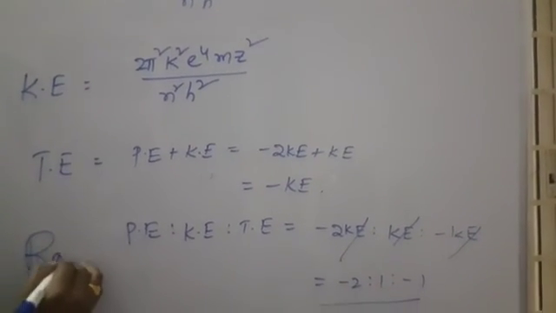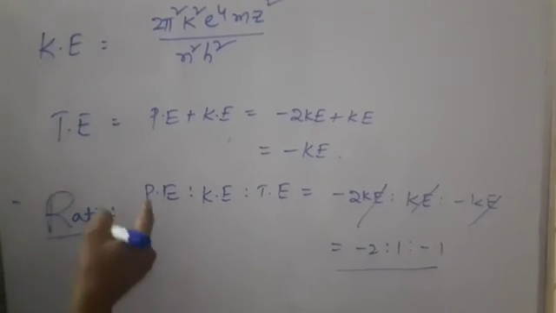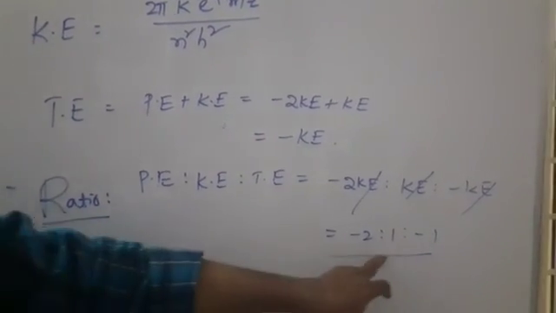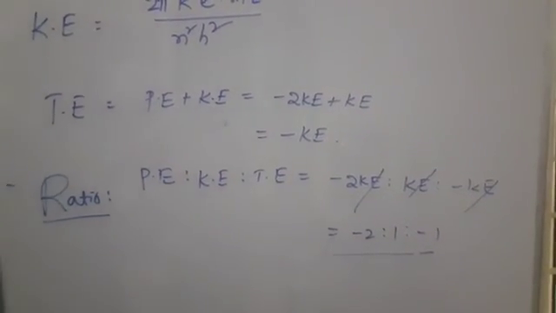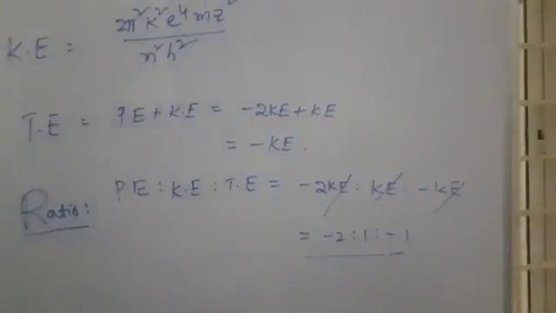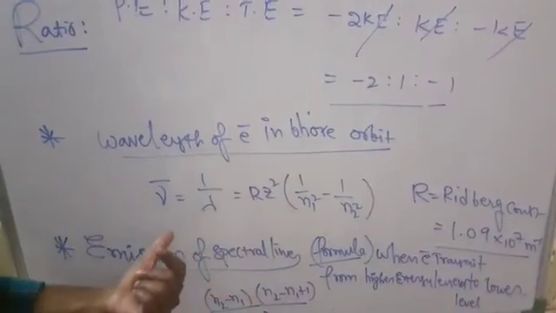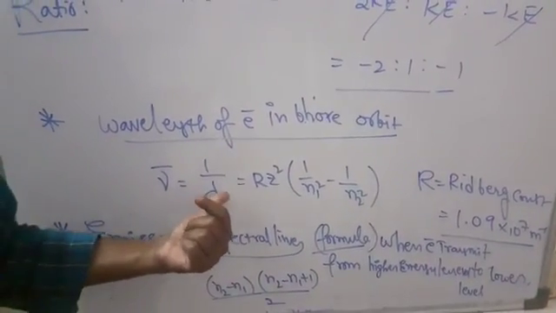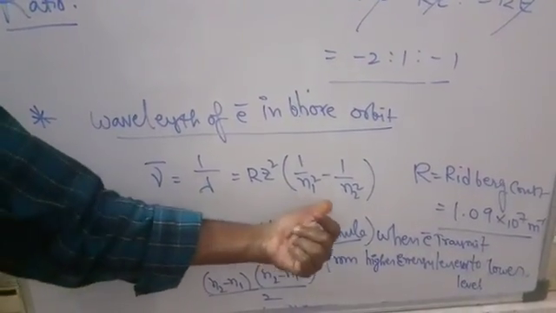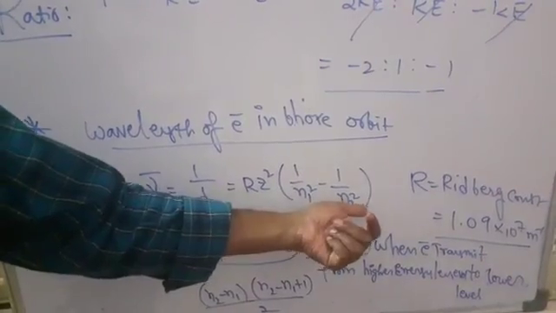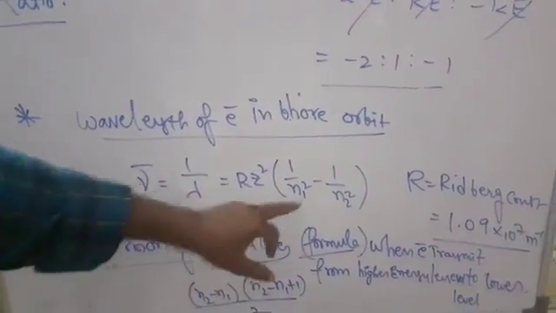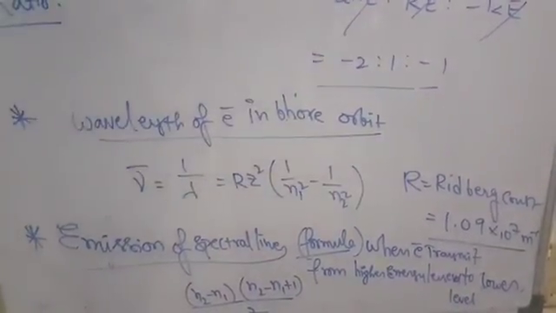The ratio is minus 2 is to 1 is to minus 1. Wavelength of the electron in the Bohr orbit: 1 by lambda is equal to R Z squared into 1 by n1 squared minus 1 by n2 squared, where n1 is the lower energy level and n2 is the higher energy level.